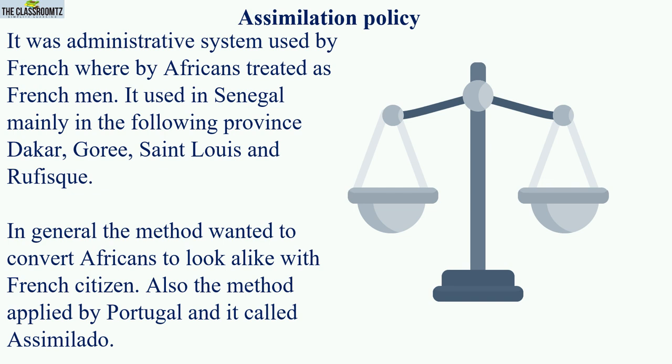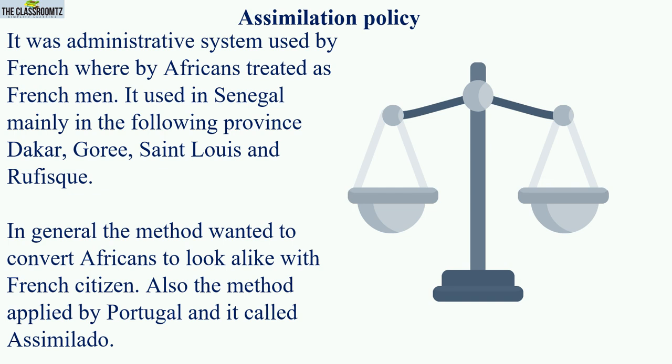And the French applied this in one of our colonies, Senegal, mainly in four provinces: Dakar, Gorée, Saint Louis, and Rufisque. These four provinces were the main provinces affected by the assimilation policy.